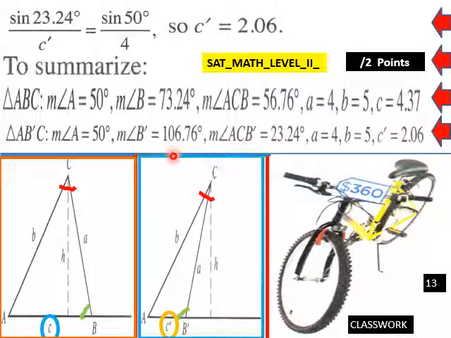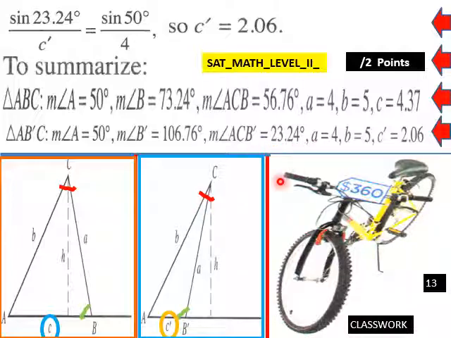And down here for this triangle, the triangle AB prime C, the measure of angle A is 50 degrees here. The measure of B prime here will be 106.76. And then the measure of angle ACB prime will be 23.24 for this measure up here.